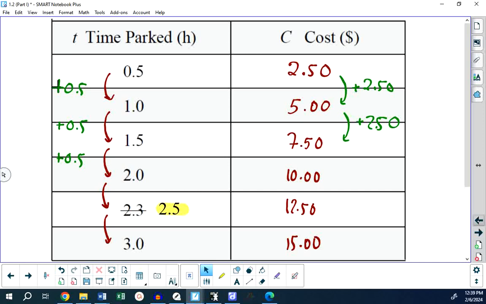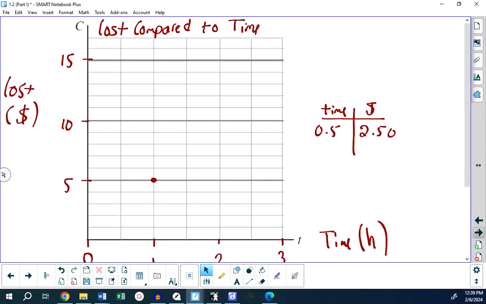Let's plot the 3 hours, $15. There you go. So we're plotting 3, 15.